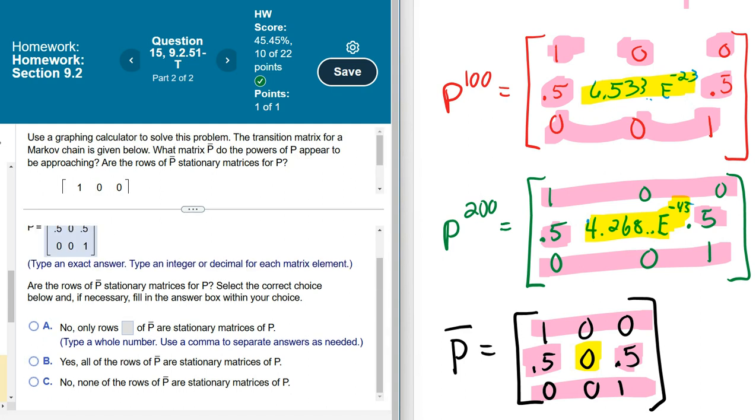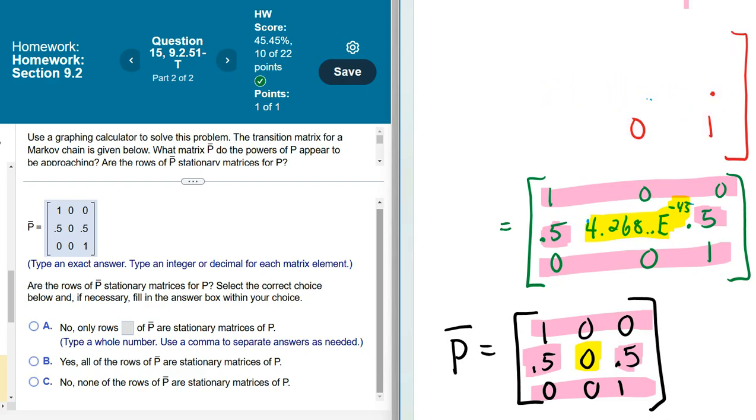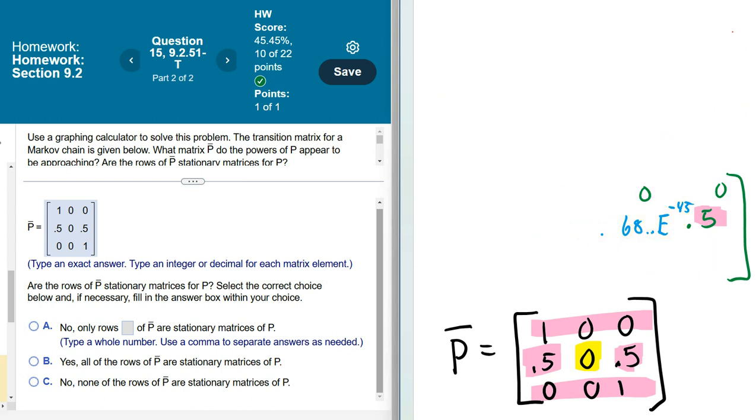Let me try to make this so we can see it all. There we go. Okay. Are the rows of the limiting matrix actually stationary matrices for P? Now remember, stationary matrix, and at this point I've got the limiting matrix there at the bottom in black. So I'm going to erase this because I don't need it anymore. And what you're going to have to do, and this is kind of a pain in the butt, but remember when they talk about the stationary matrix?